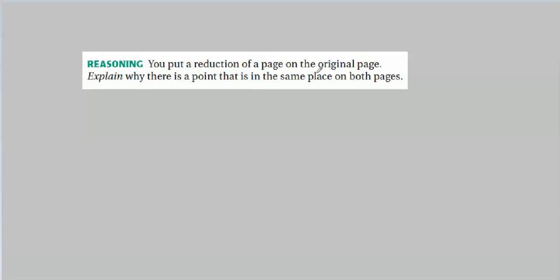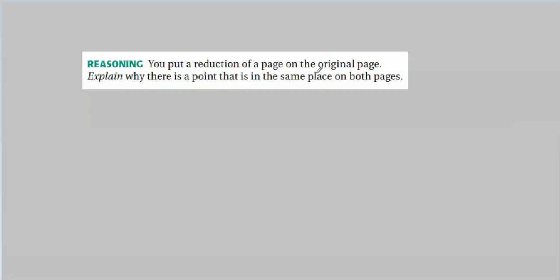as you line them up, you'll find that there's one point which doesn't change. It's not moved inward the way everything has to move inward if you're going to reduce it. Why? Well, that's because it's the center of the dilation.